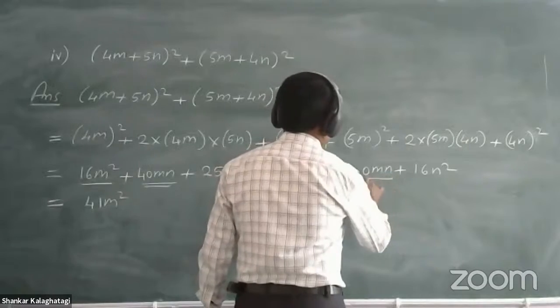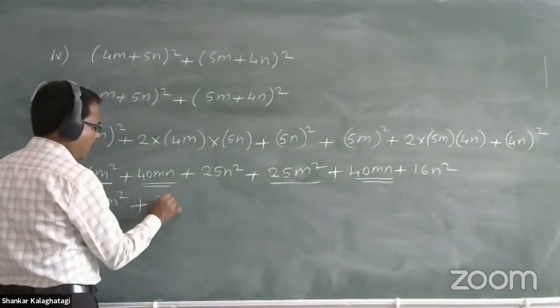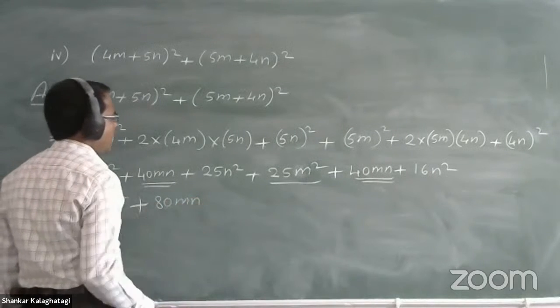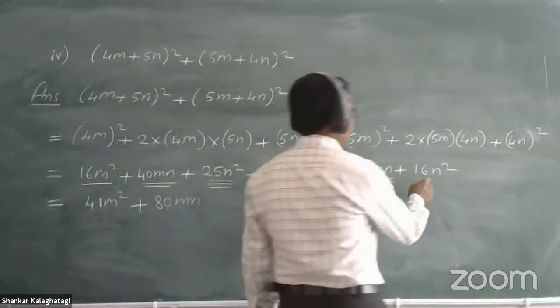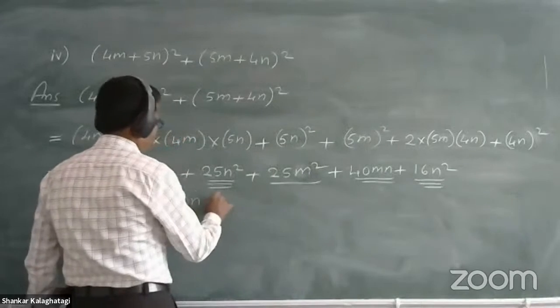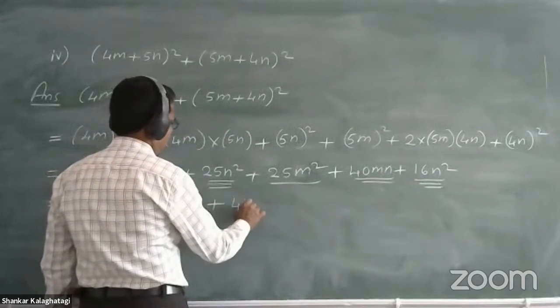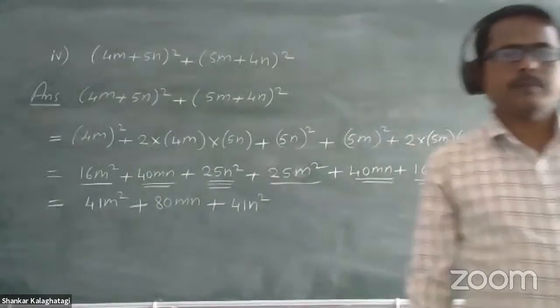Here also 40mn. 40 plus 40, 80mn. Then 25n² here and 16n². 25 plus 16, 41. 41n². Any doubt is there? You can ask. I will explain.